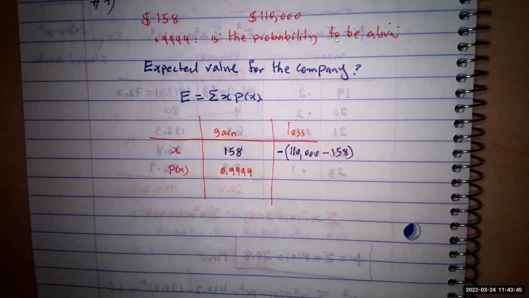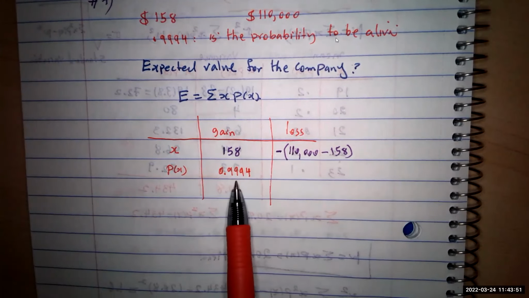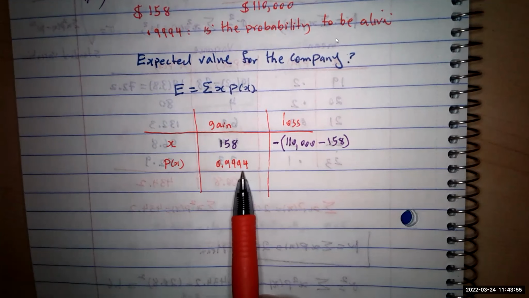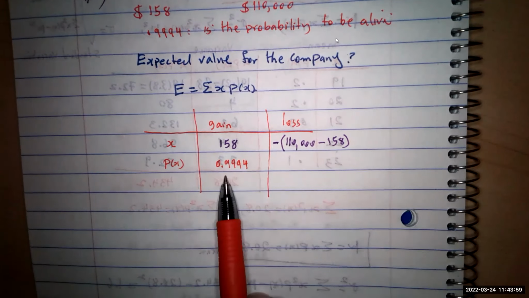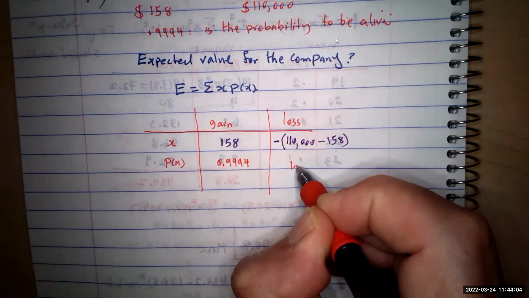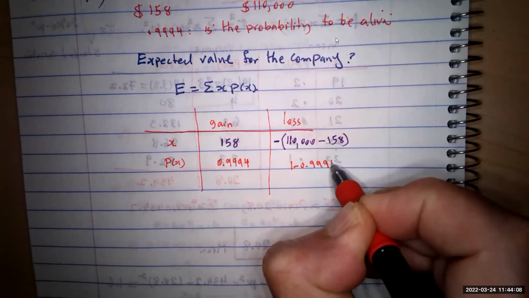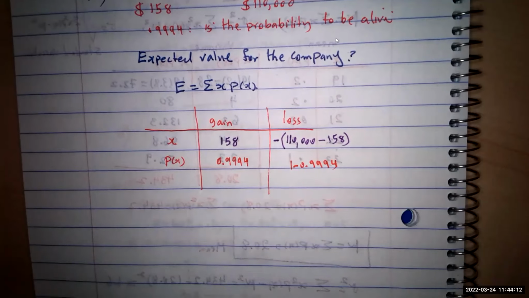The company would lose the money if the person is dead. So the probability that the person will not be alive is the complement, which is 1 minus 0.994. So this is how we're going to design this table.